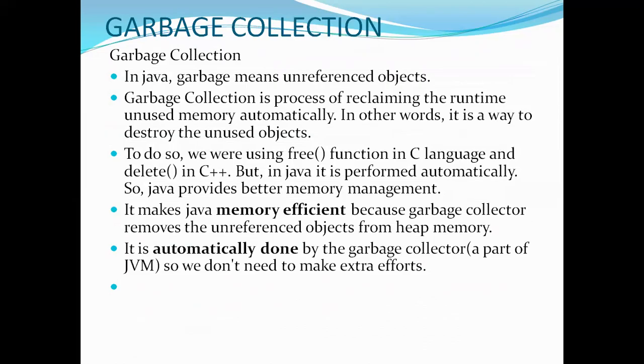For example, in C language the free method is used for this, and in C++ we use the delete method, but in Java there is no such method because garbage collection is done automatically. The advantage is that it provides better memory management. Java is memory efficient because of the garbage collector, which removes the unreferenced objects from the heap memory.